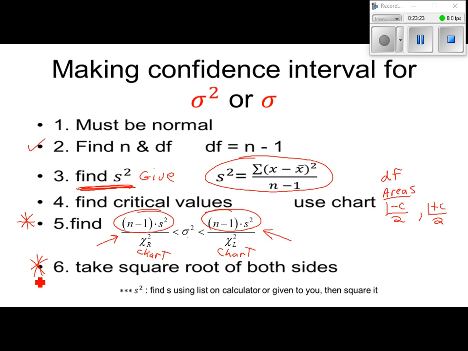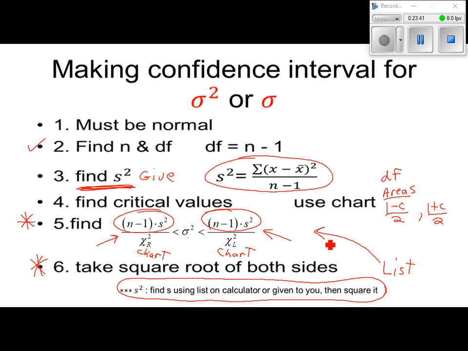The other thing, some of the problems on the homework, you're going to have to punch the list of numbers into a list on your calculator. And if you do that, then from that you're going to use the S, and you're going to have to square it to stick it into the formulas.